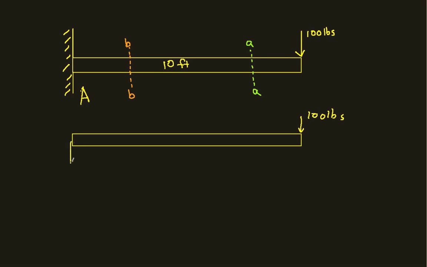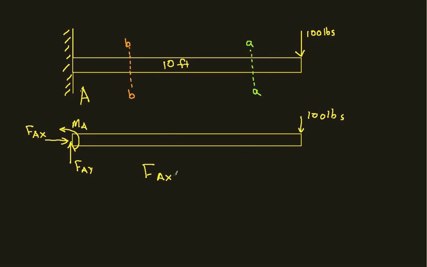Okay, so our reaction force, we can have a vertical component, a horizontal component, and a moment. And then you can see if we sum the forces in the x direction, we have FAX.